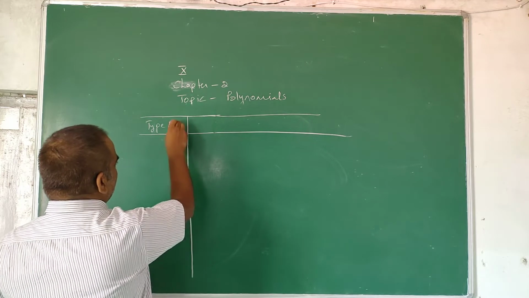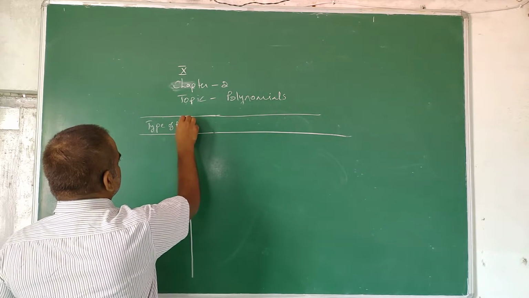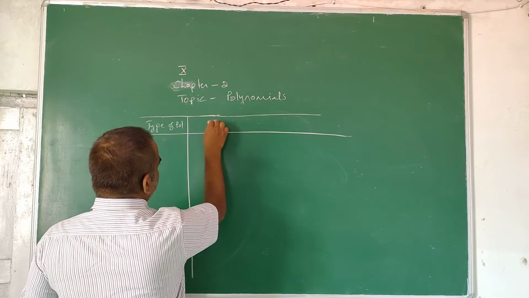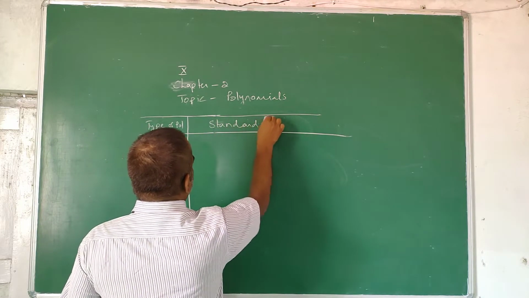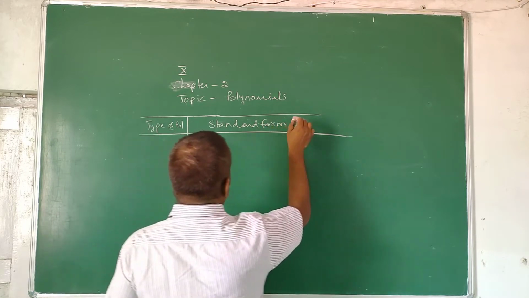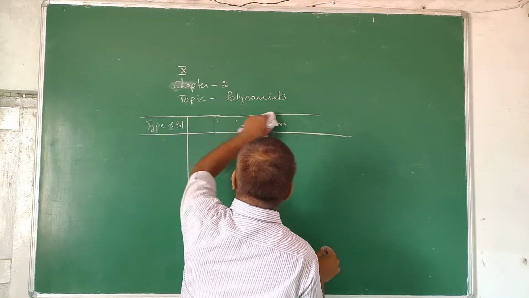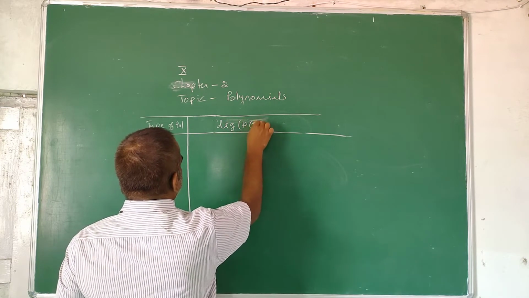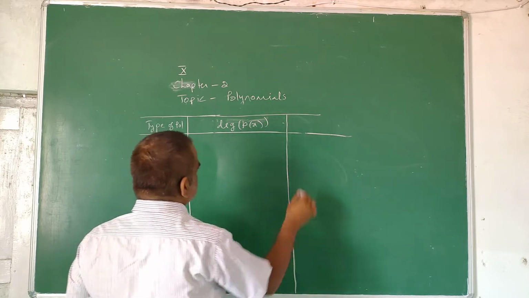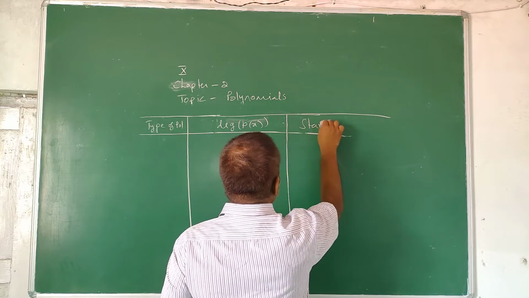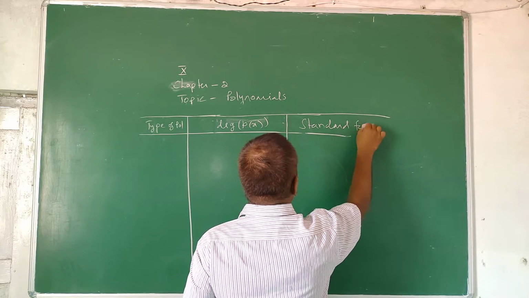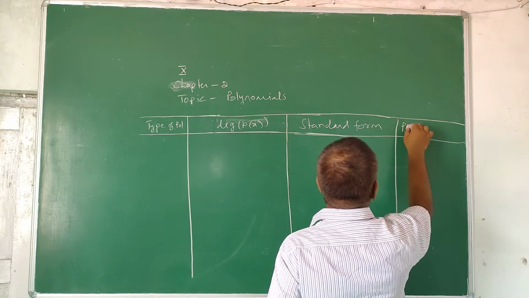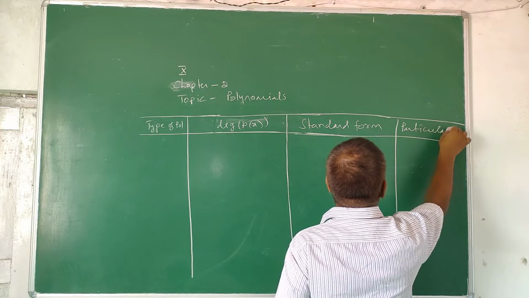So type of polynomial, next degree of the polynomial, next standard form, a particular example.